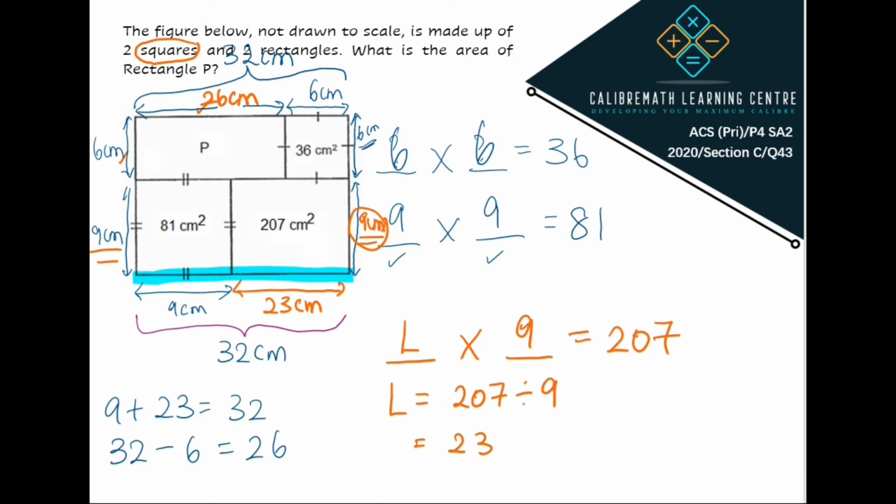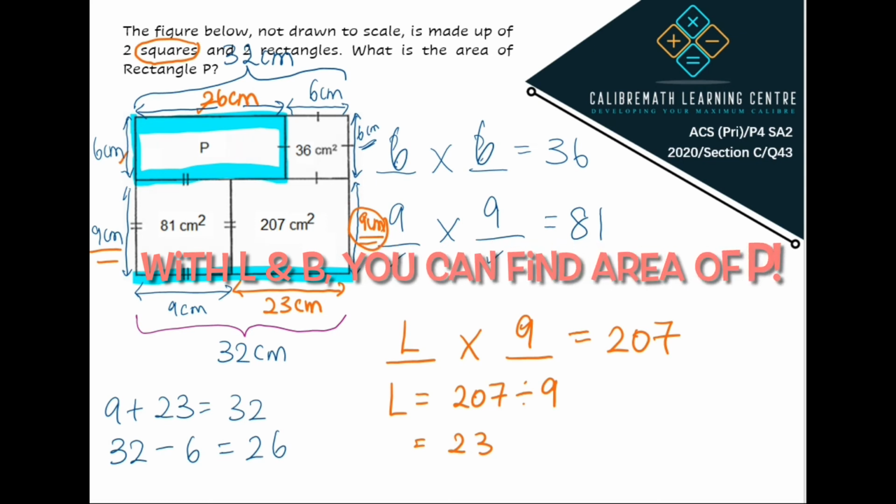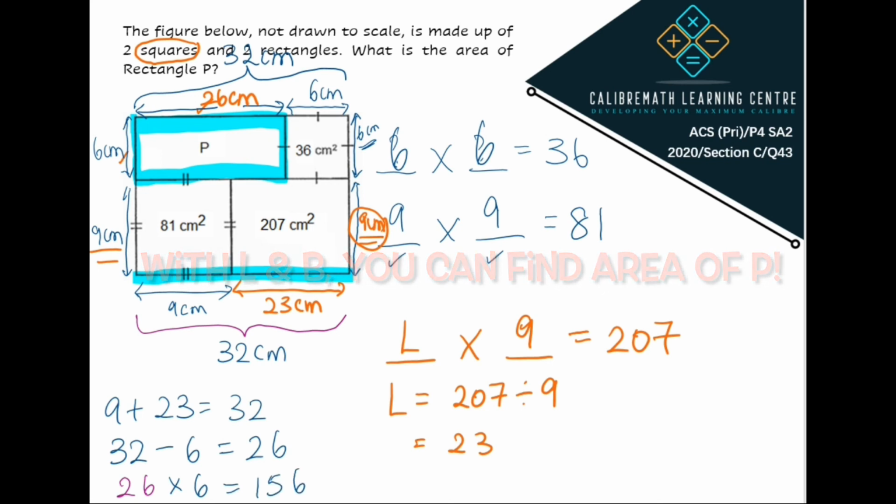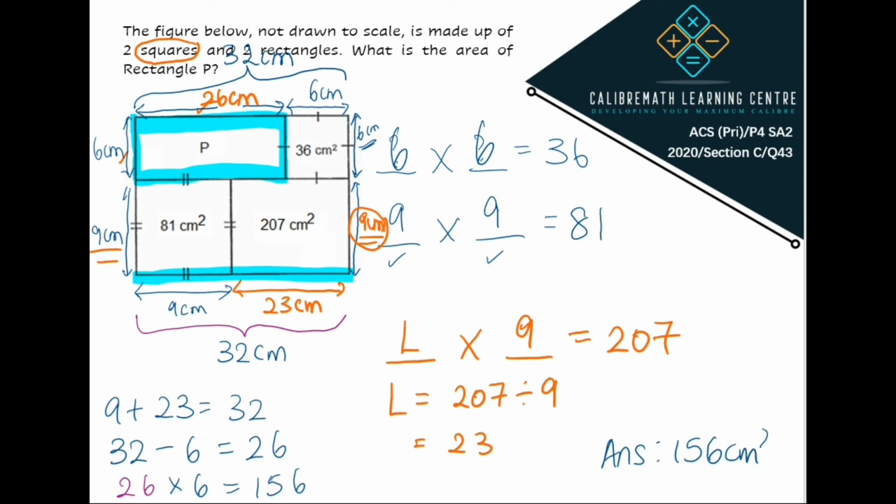Now with the length and the breadth for this rectangle found, we can find the area of rectangle P now by using 26 to multiply by 6. And that gives us an area of 156 square centimeters. So the answer to this question for the area of rectangle P is 156 square centimeters.